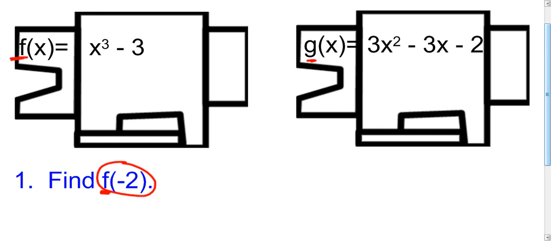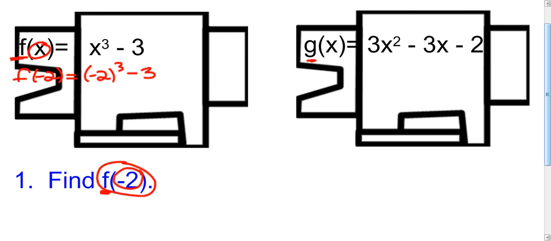All it wants you to do is to take that negative 2 that it gave you, and that's your input. And I'm going to do this up here because I don't have to scroll my screen then. So f of negative 2, basically that means wherever I see an x, I'm going to replace it with negative 2 on both the left side and the right side. So I will do negative 2 cubed and then minus 3. I want you to be cautious of negatives.